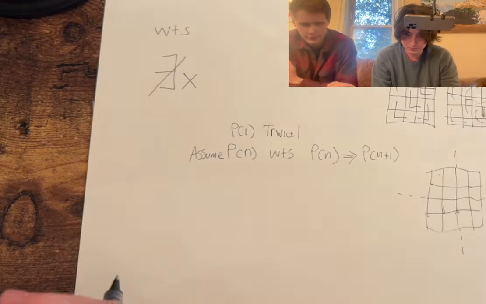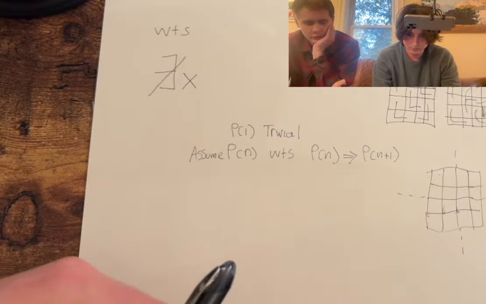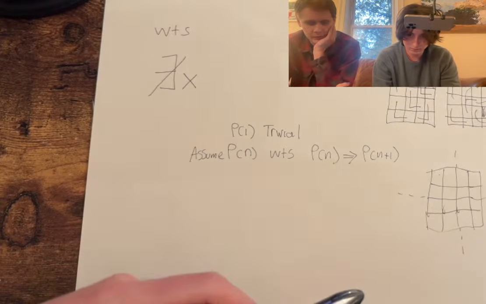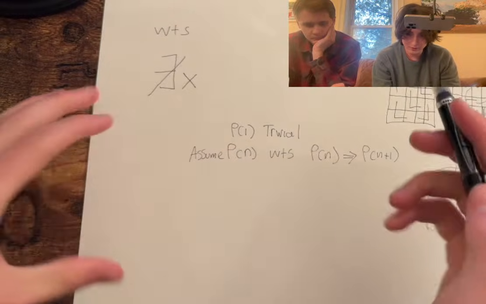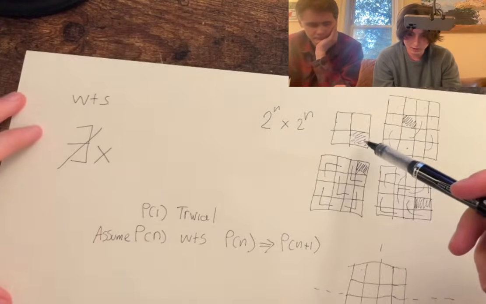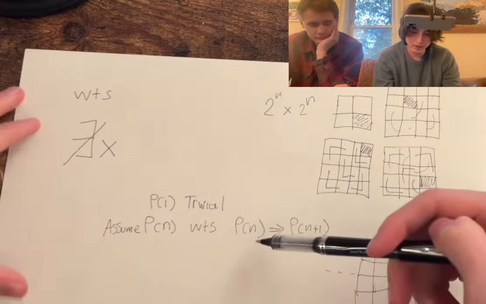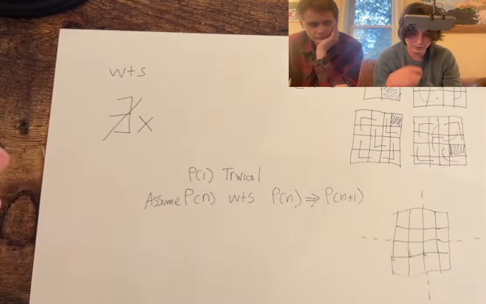So start out by saying that we have the square of n, and we've shown that that square, which is missing 1, can be covered in the L's. Well, we have the square of 1. Oh, and we're assuming the square. Yeah. So we've assumed P of n.